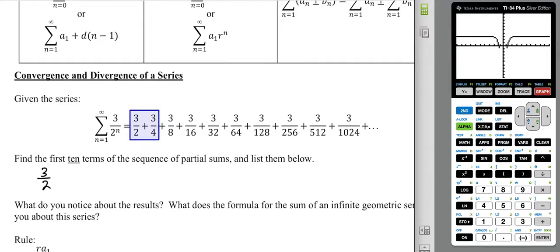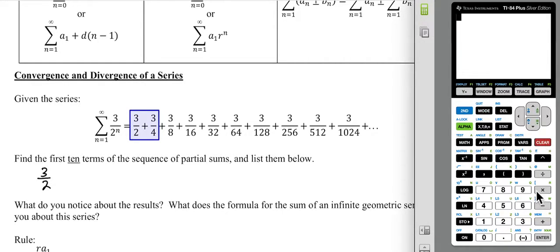If I want to add the first term to the second term, what would I get? And you're like, whoa, we're really doing this, huh? We would have to do 3 over 2 plus 3 over 4. You can use math enter, unless you want to use the fraction tool, in which case it'll do it for you. So you get 9/4. And you can add the first 3 terms. I would just add on a 3/8.